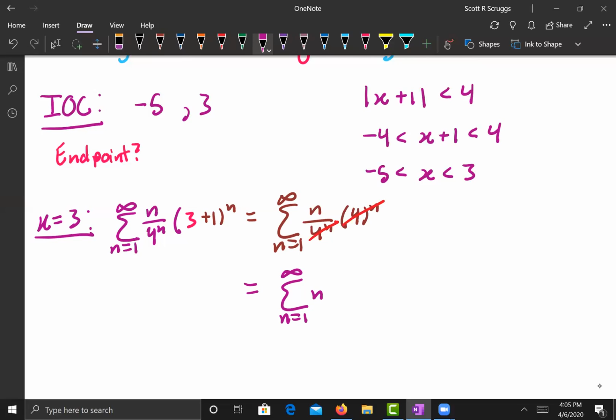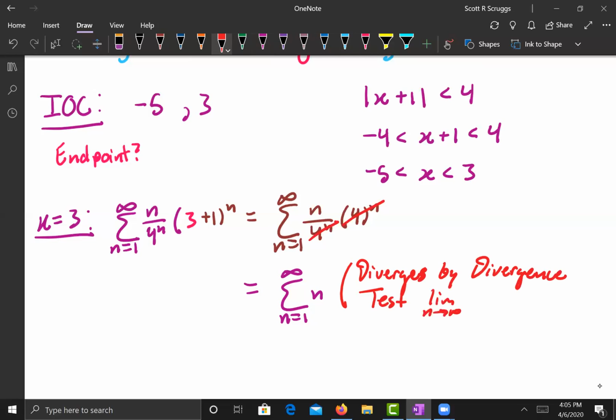All right, I agree, diverge. Bingo. Diverges by the divergence test, because if I take the limit of the rule within the series, I get infinity.